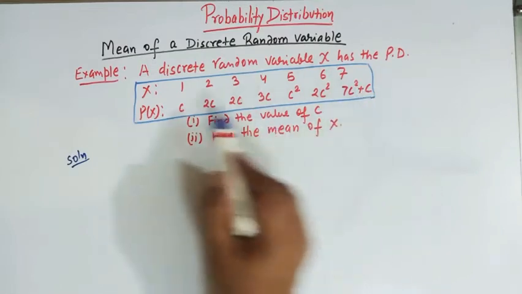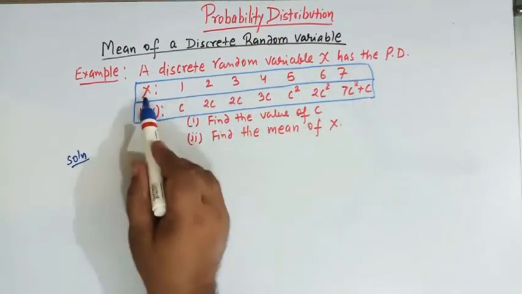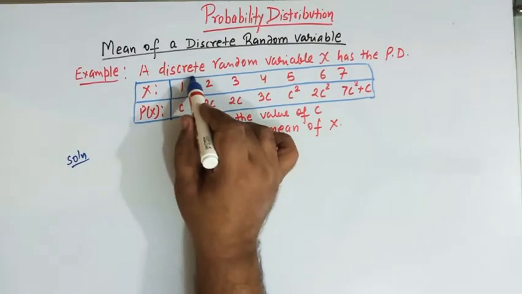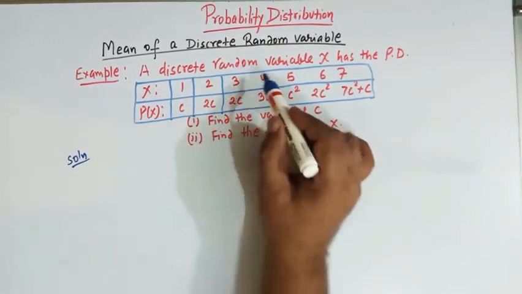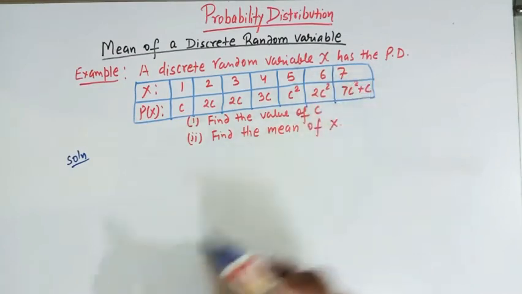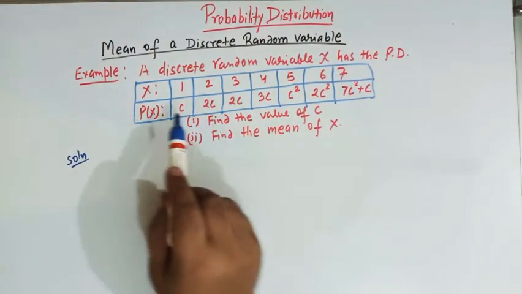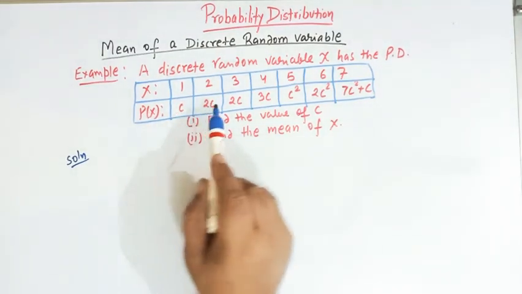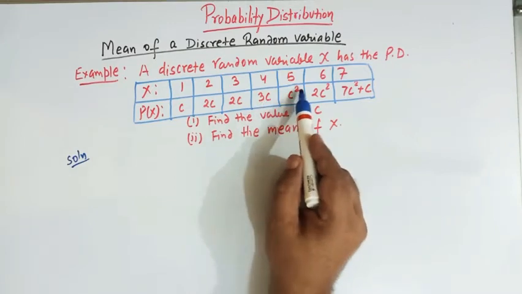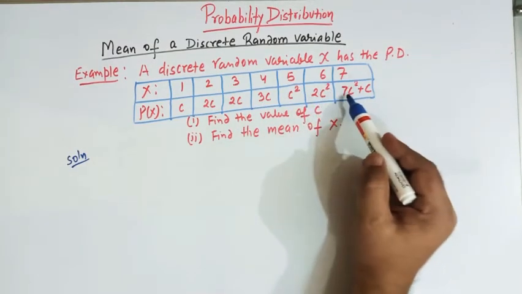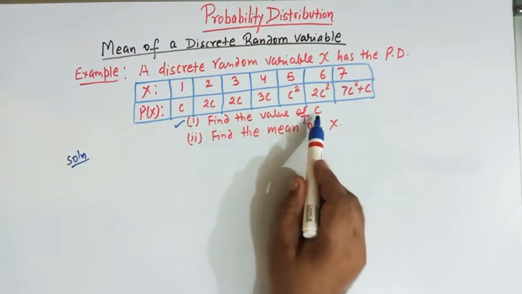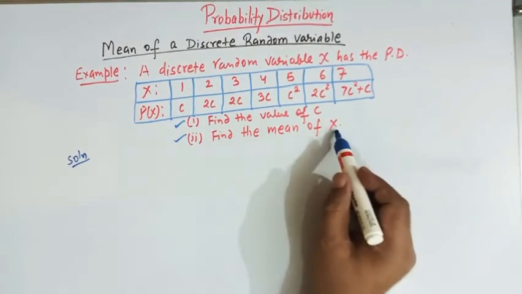See, here we have x as the random variable, p x is the corresponding probability, and this random variable x takes the values 1, 2, 3, 4, 5, 6 and 7, and the corresponding probabilities are given as c, 2c, here we have 2c, then 3c, then c square, then 2c square, then 7c square plus c, and here we wish to find the value of c and the mean of x, right?